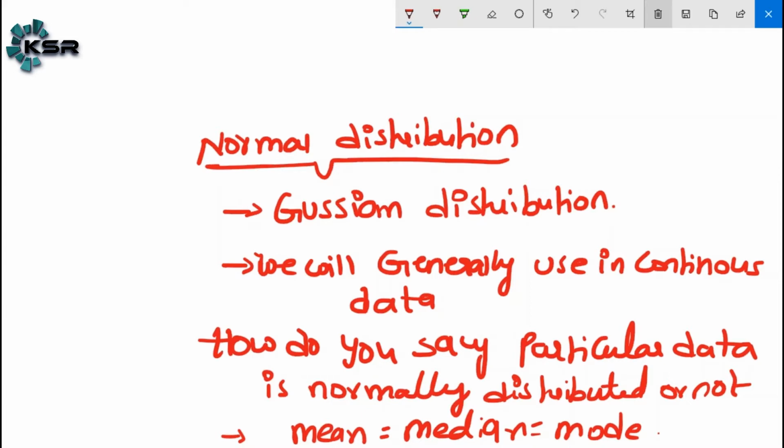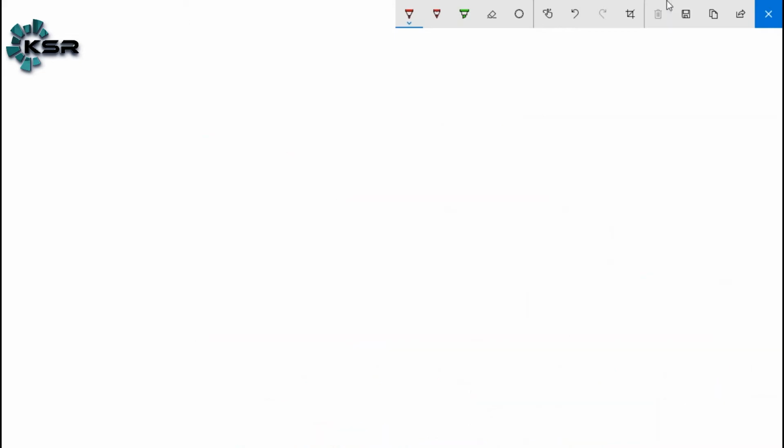Let me talk about this in detail. Mean is equal to median is equal to mode.